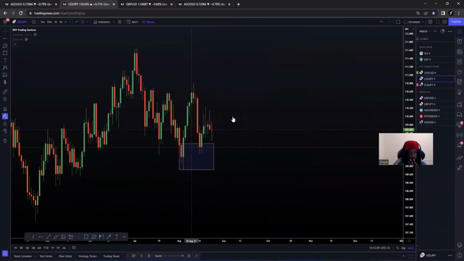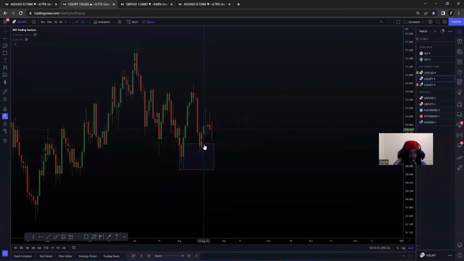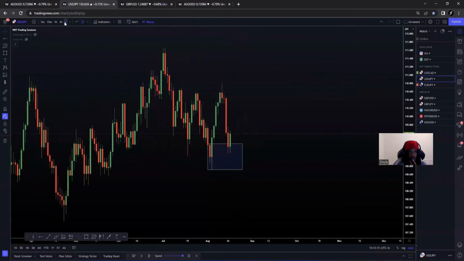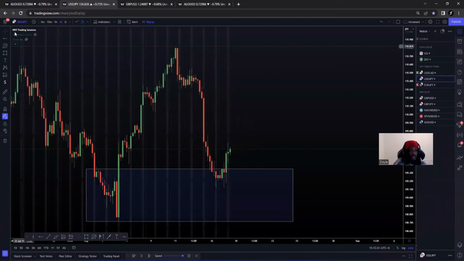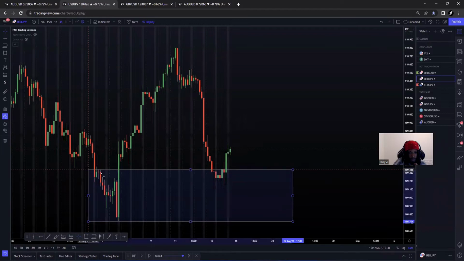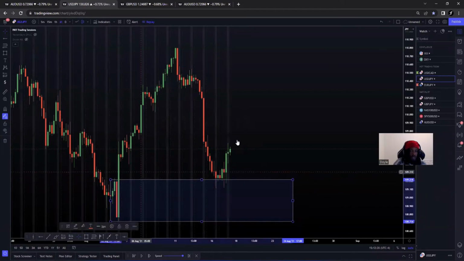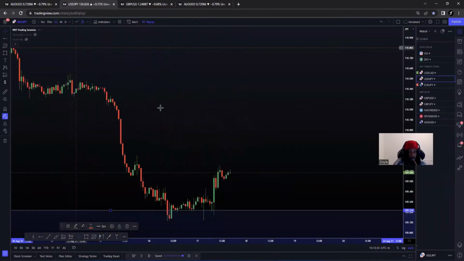So let's see what this looked like on the 4-hour. If I see a demand on a daily, now this is for swing traders, honestly, let's go to the 4-hour. Okay, now we can make our zone smaller. Now let's go to the 1-hour.